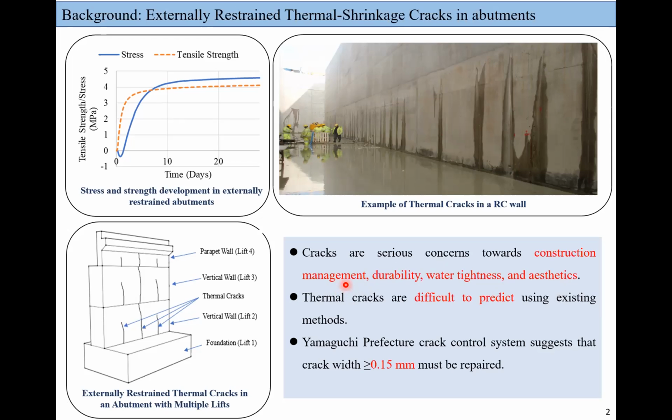Can you guess the conflicts between owners and contractors? Can you imagine? Because it's very difficult to predict the occurrence of thermal cracking, or it's also very difficult to predict crack widths. That's why always conflicts. Okay.